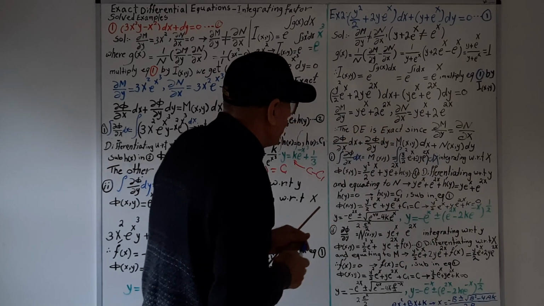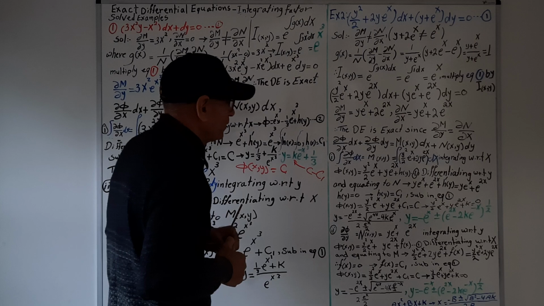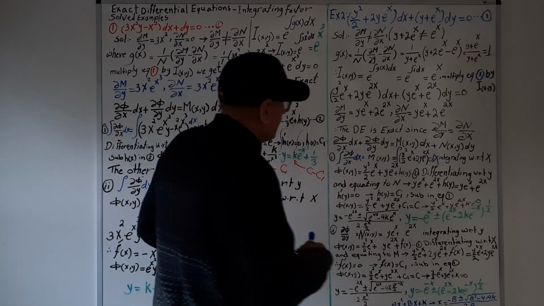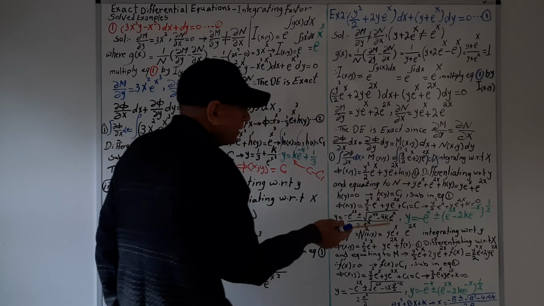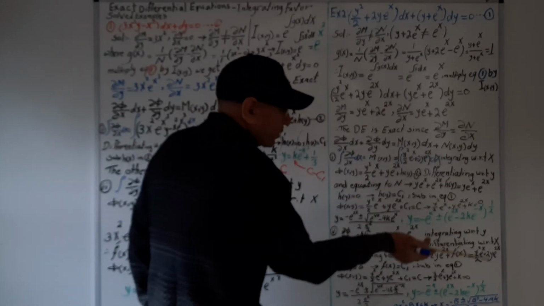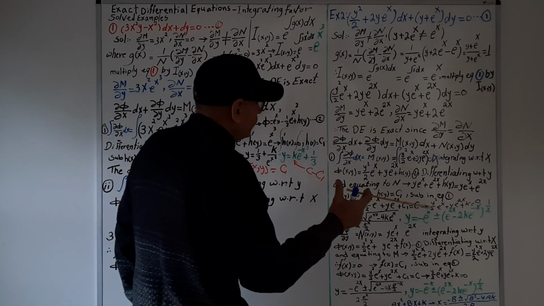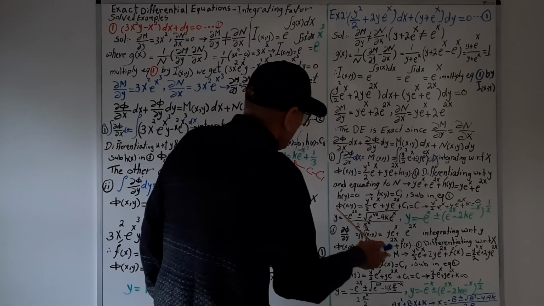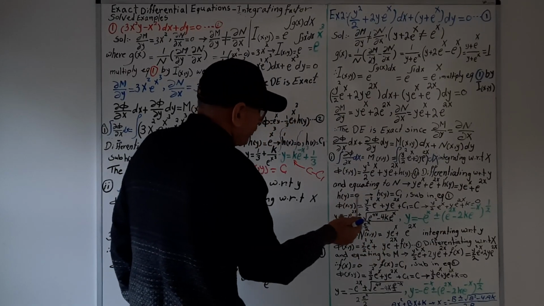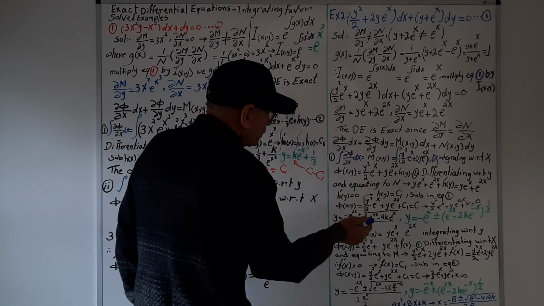Exactly the same way as in the first example. Then we add a function of y, h of y, as a constant of integration, because we are integrating with respect to x, and equating to N, we find h prime of y equals 0.